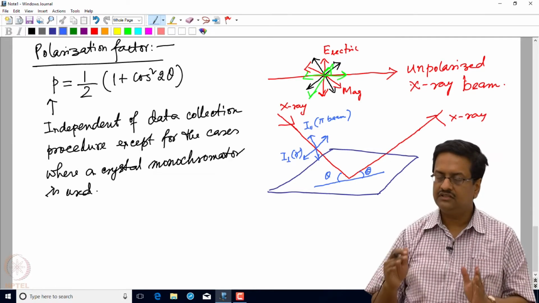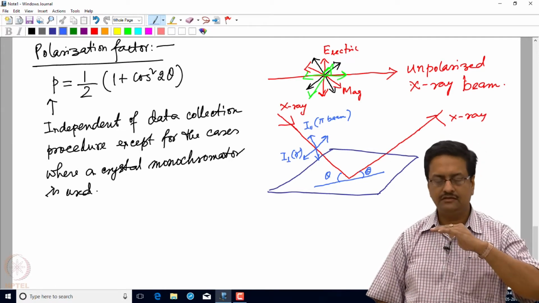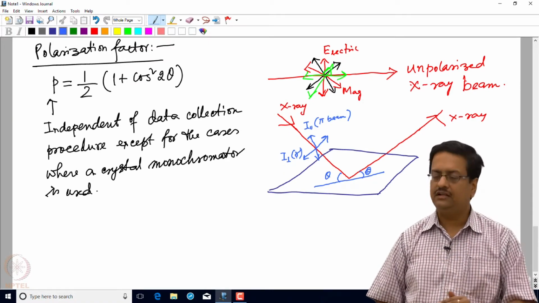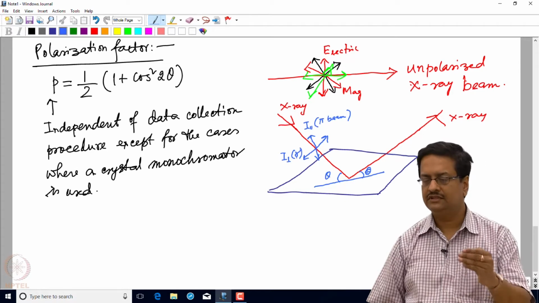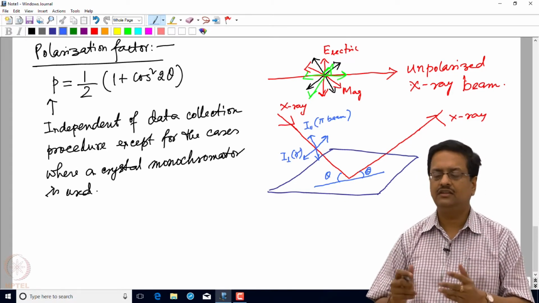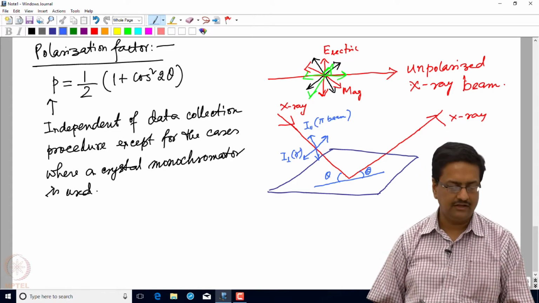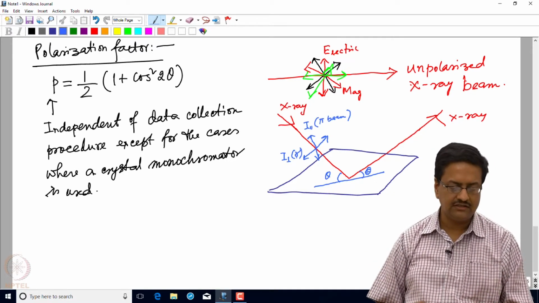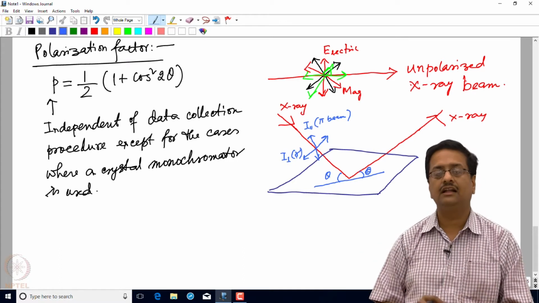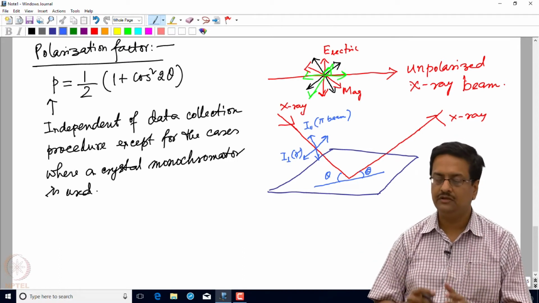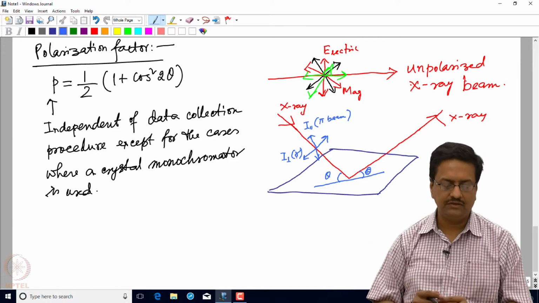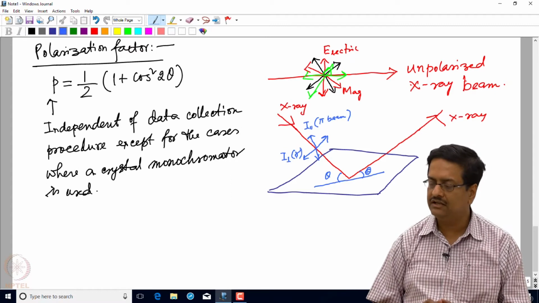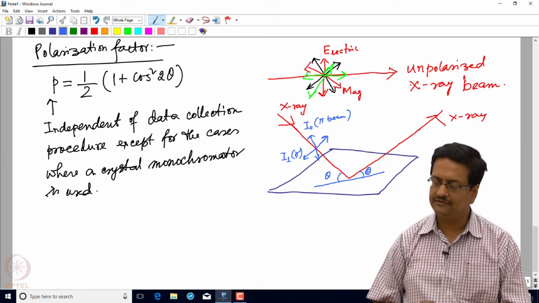So, the one which is parallel to the plane of reflection interacts with the plane in a different way compared to the beam which is I perpendicular, that is the vector of electric and magnetic field. Due to all random orientation of these I parallel and I perpendicular for the incident beam, the sum of I parallel is same as sum of I perpendicular in terms of intensity for the electric vector.